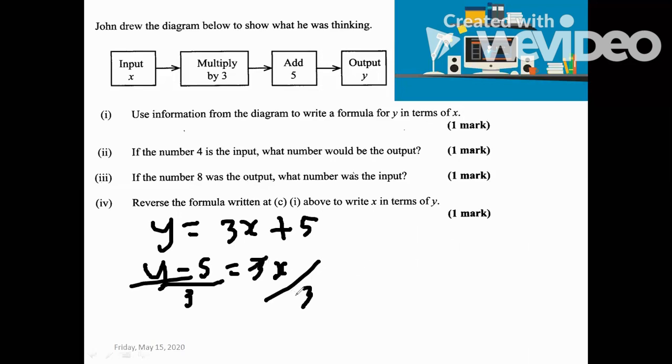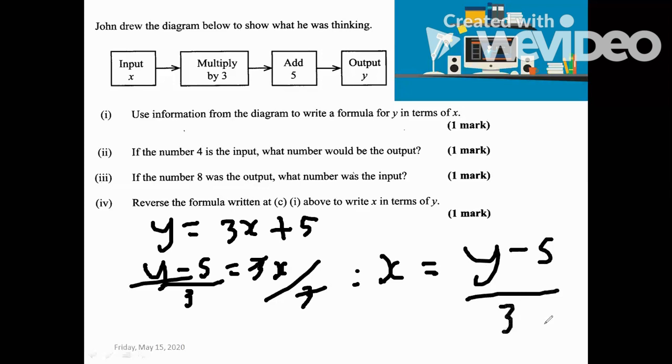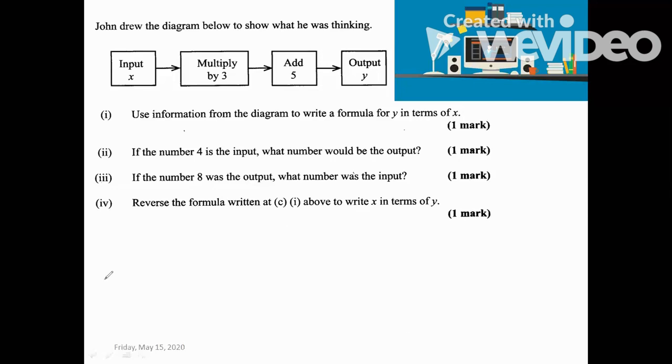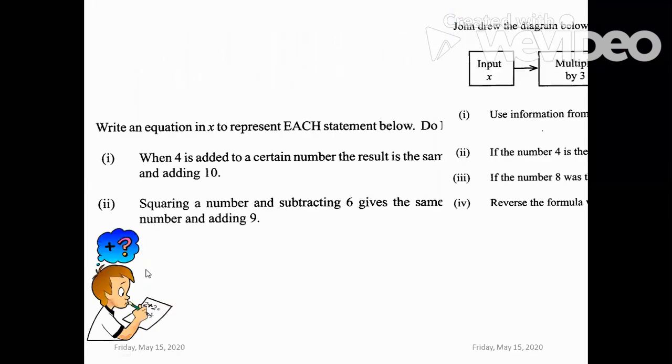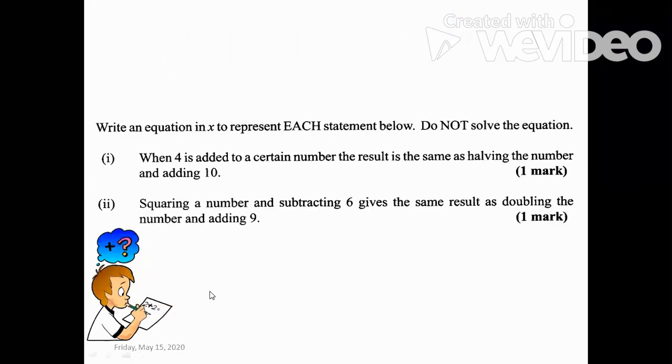So the 3 cancel. So x is equal to y minus 5 over 3. All right, guys. Okay, so this is a nice little question.